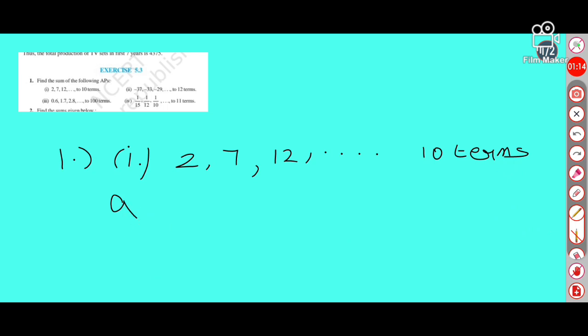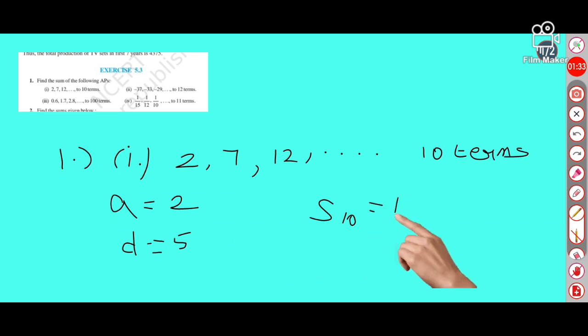So the first value a is 2, common difference is 5, right? We need to find the value of S10, right?